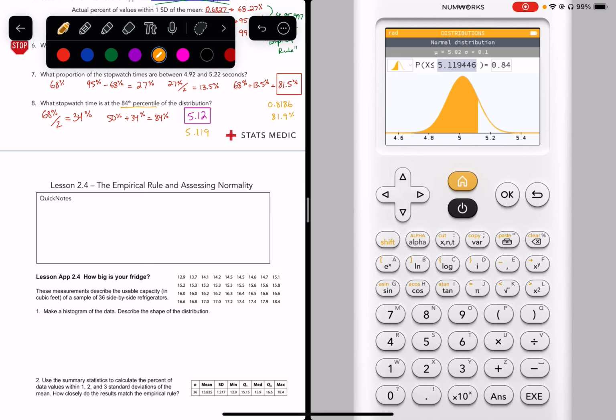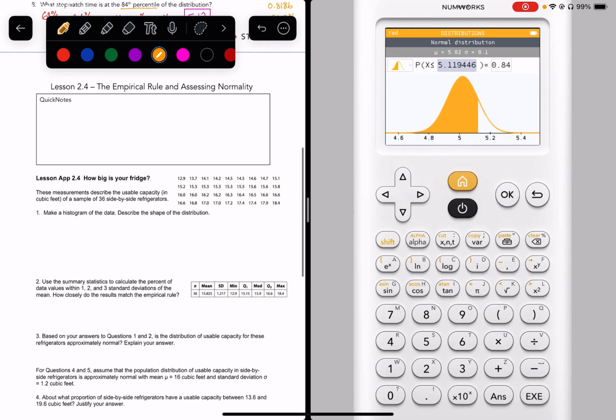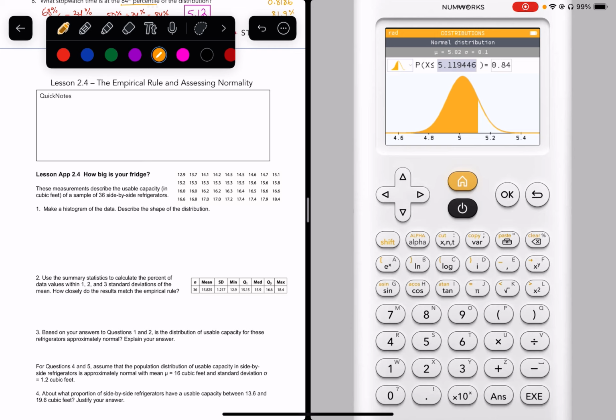I will leave the answers to this lesson app as part of the completed notes document that you can read through or try on your own and then check your answers and see how you did. But I want to leave you with a couple of notes here, and then that way you can have the rest of the time to work on this lesson app and your homework assignment for this section.